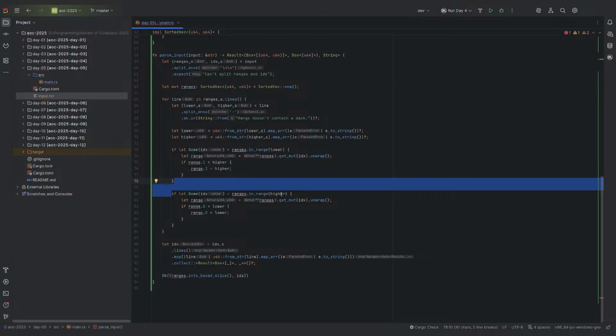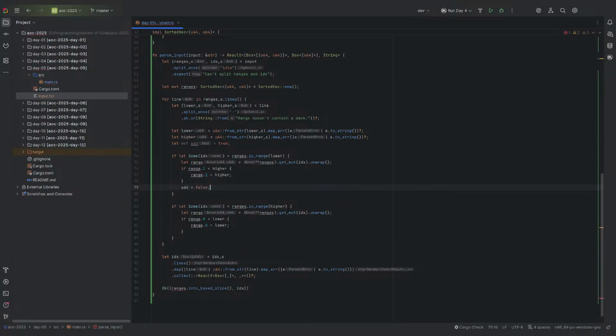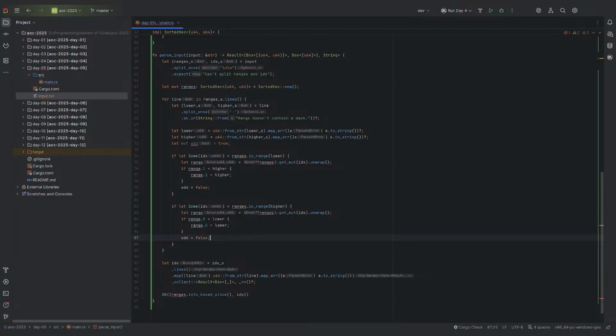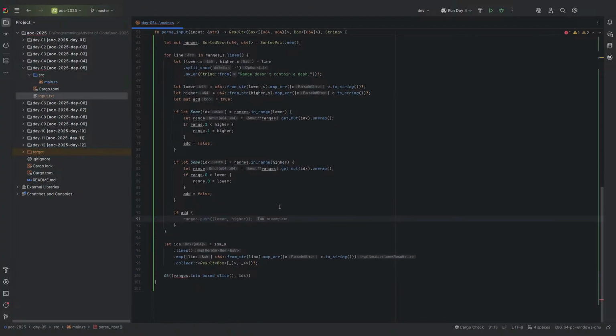If I'm adding a range that is completely contained... I'll do it like this to be safe. This way I can be sure it's fine.